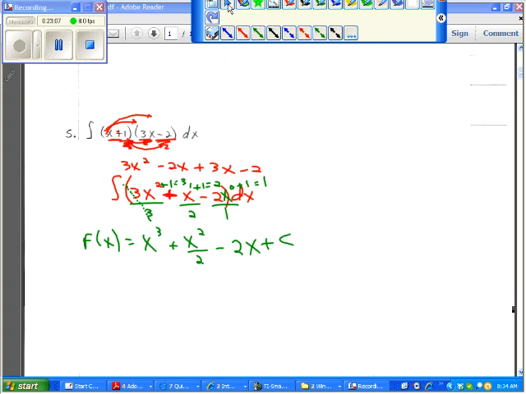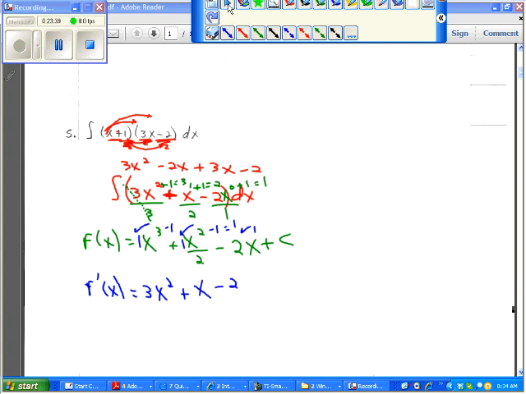Okay? Let's see what we did. If we were to take the derivative then to verify, then we would take exponent times coefficient, 3, reduce the exponent by 1, x squared, exponent times coefficient, 1/2, 2 times a half is 1 understood, x, subtract 1, and we have x to the 1st. We have an understood exponent of 1.